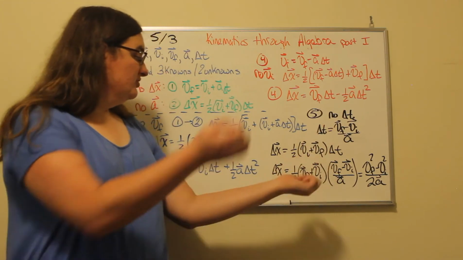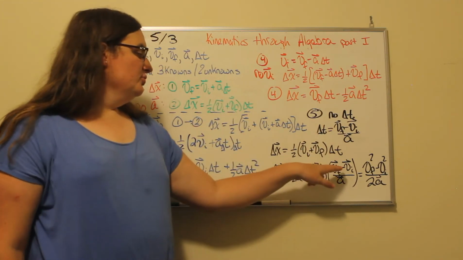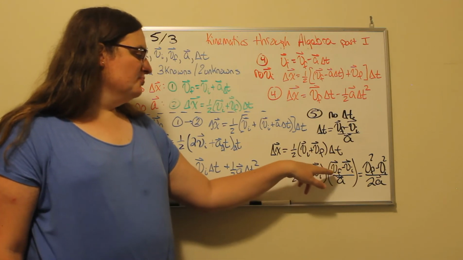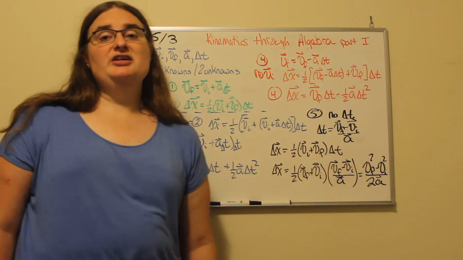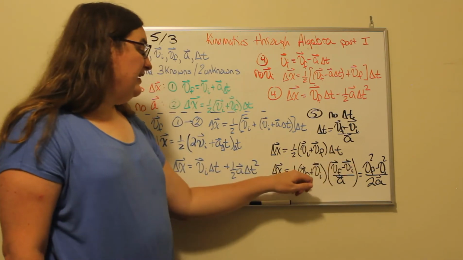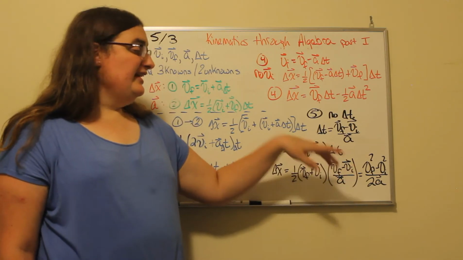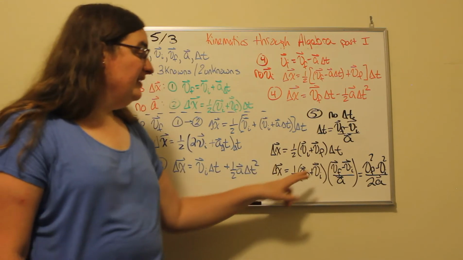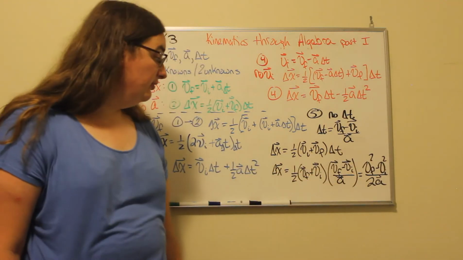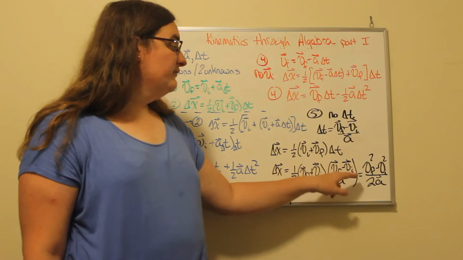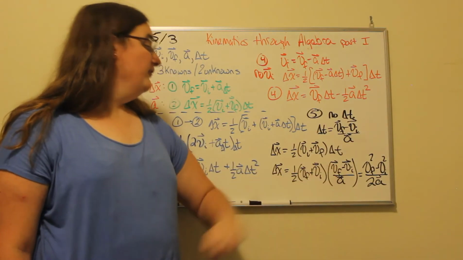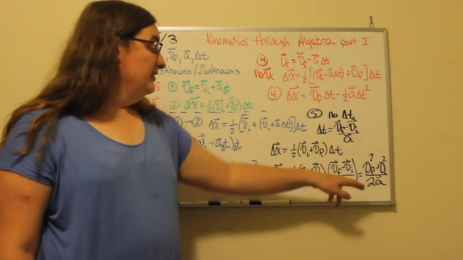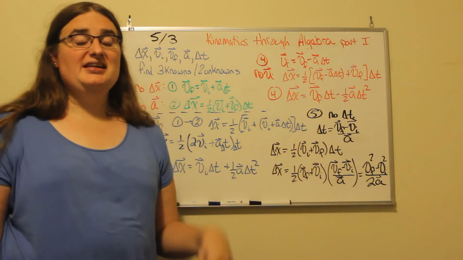Totally cool. Can just flip the order. So when I fill in for time, that gives me, instead of v final plus v initial, v final minus v initial. And if I have a plus b times the quantity a minus b, that gives me a squared minus b squared. So in my numerator, I have v final squared minus v initial squared. And 1/2 times 1 over a means I'd be dividing by 2 times the acceleration.